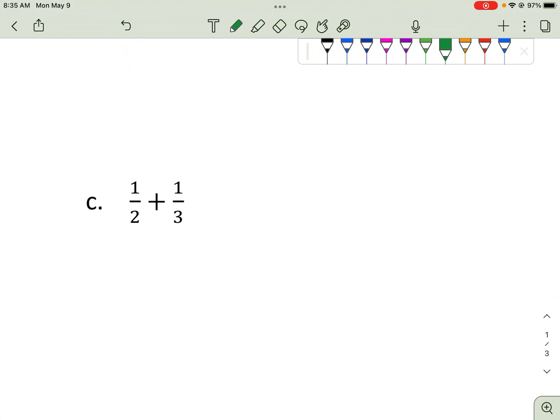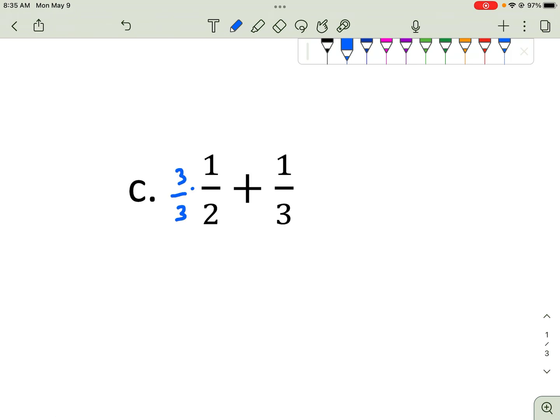Now part C is not as simple because you can't just add 1/2 and 1/3 directly. Remember how you have to get a common denominator? To get a common denominator here, I'm going to multiply top and bottom of this fraction by 3 and the top and bottom of this fraction by 2 so that they both have a denominator of 6. But remember, for a fraction, if you multiply the bottom by something, you have to multiply the top by the same thing, because really I'm multiplying by 3/3, which is equal to 1, which doesn't change anything.